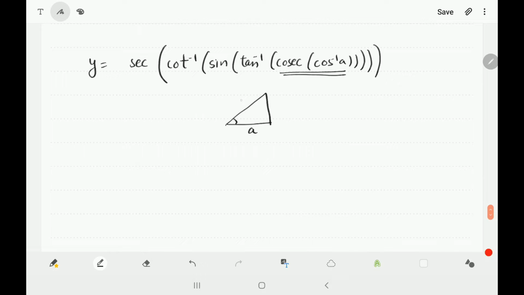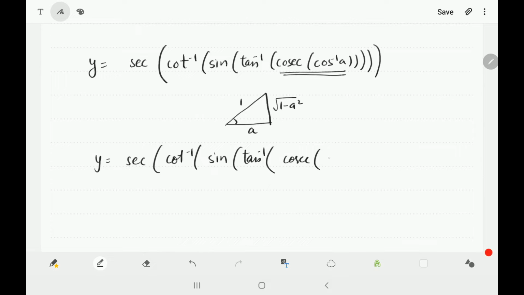So this side will be a, this side will be 1 and this side will be under root of 1 minus a square. So I will write this term as secant of cot inverse sine of tan inverse cosecant of, in place of cos inverse a we will be writing cosecant inverse of. Okay, so sine is this upon this side, so cosecant will be 1 upon under root of 1 minus a square.